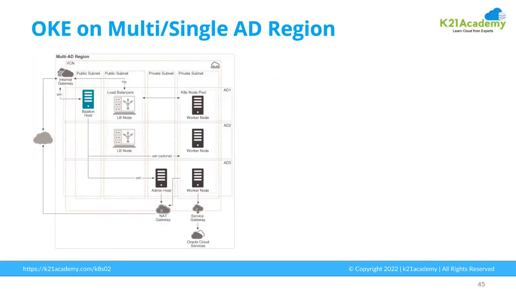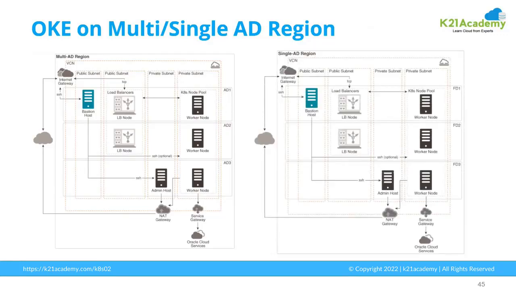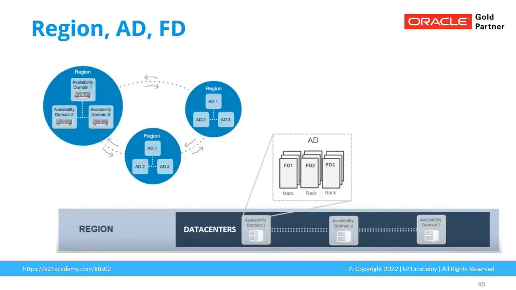The master node can be configured for high availability, with 3 copies of the master node on 3 availability domains in a region. If a region only has 1 availability domain, all 3 master nodes will be deployed on separate fault domains. The worker nodes can run across availability domains or fault domains, but within a region.